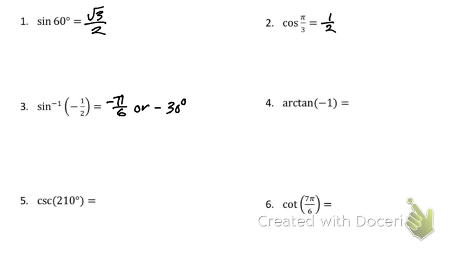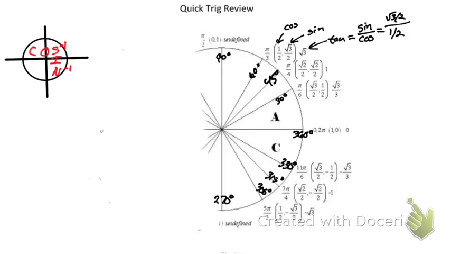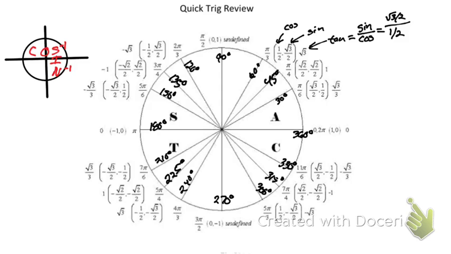Arctangent of negative 1. Arctangent just means find your tangent value where it equals negative 1. Once again, if you go to the unit circle, it appears in two separate places. So this leads us to writing the same thing we did with cosine, but with tangent. And the reminder for that is our cotangent, where cotangent exists in quadrant 1 and 2, and tangent inverse exists in quadrant 1 and 4.